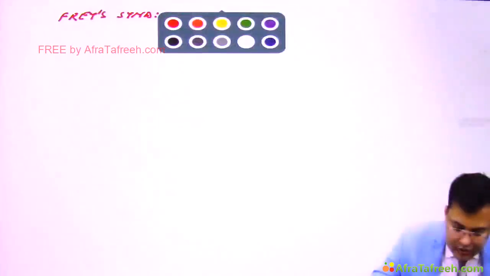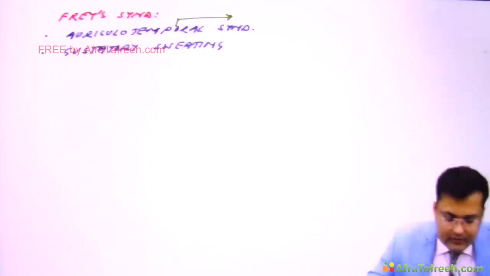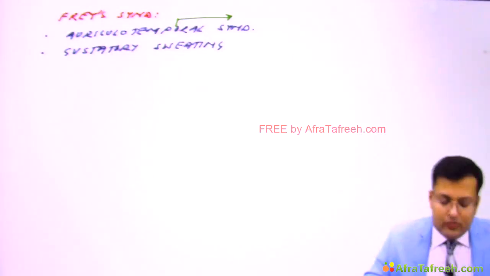Frey syndrome is also known as auriculotemporal syndrome. It is also known as gustatory sweating. Clear? So see, this auriculotemporal nerve carries the parasympathetic secretomotor fibers to parotid.